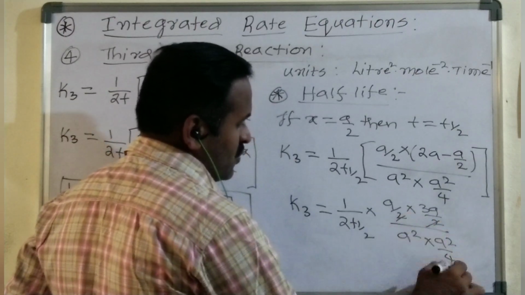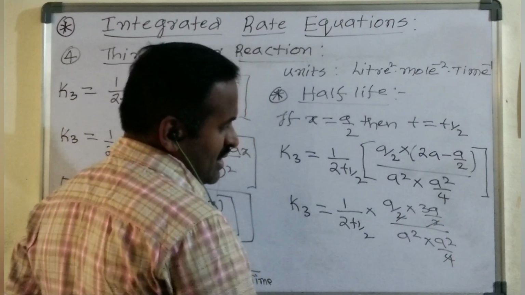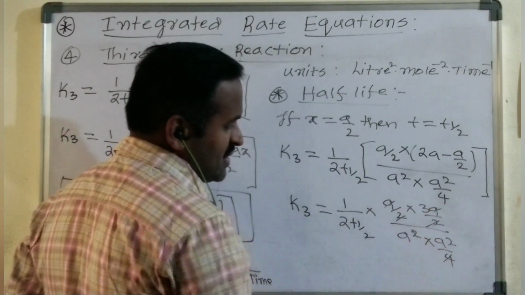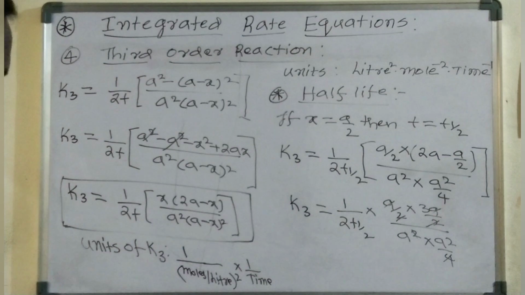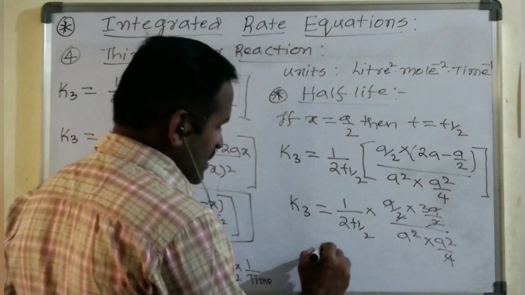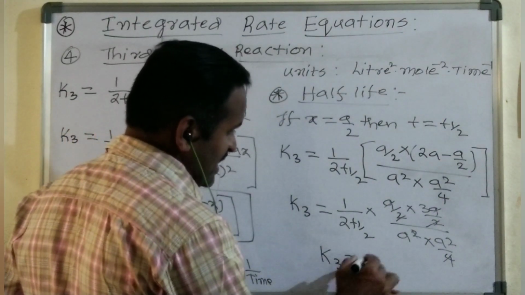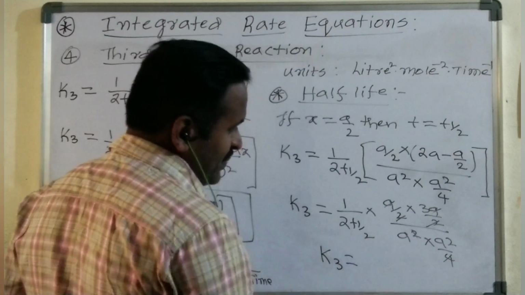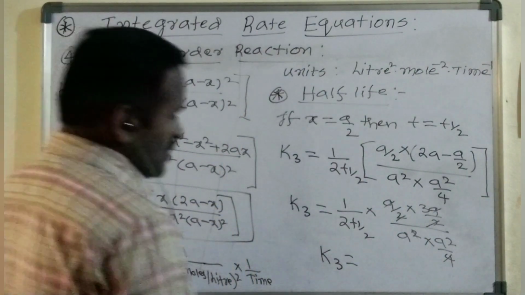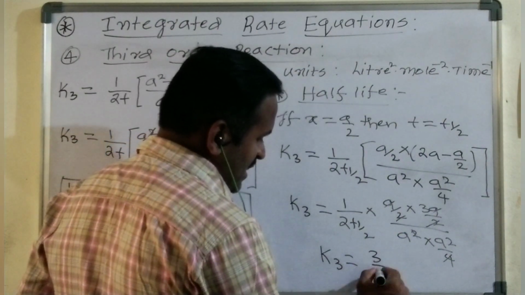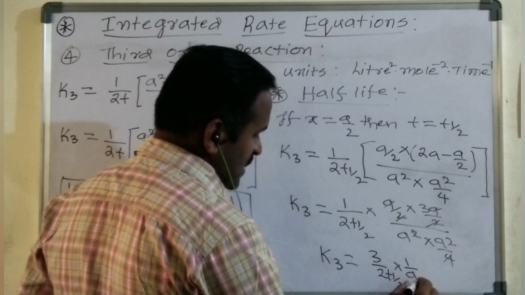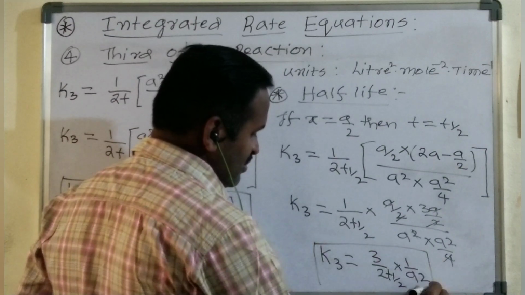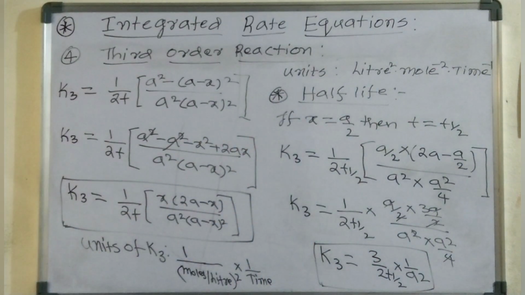The denominator 4 will get cancelled, and the a squared will get cancelled. So k3 is equal to 3 by 2 t half into 1 by a squared. This is the third order rate constant.